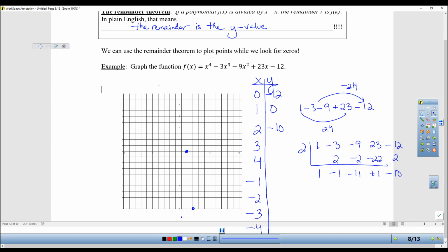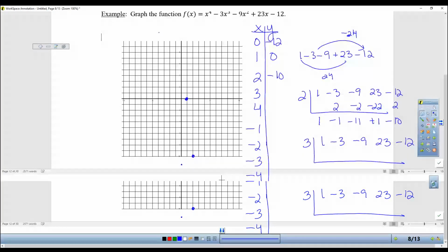But I hope you can see that with the exception of 0 and maybe 1, if you had to plug in a number, especially a number like 3 or 4, this might be a better choice than this.